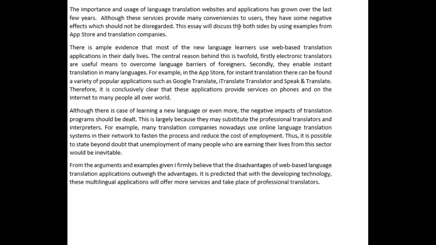Firstly, electronic translators are useful means to overcome language barriers of foreigners. Secondly, they enable instant translation in many languages. For example, in the App Store, for instant translation, there can be found a variety of popular applications such as Google Translate, iTranslate, Translator, and Speak and Translate. Therefore, it is conclusively clear that these applications provide services on phones and on the internet to many people all over the world."